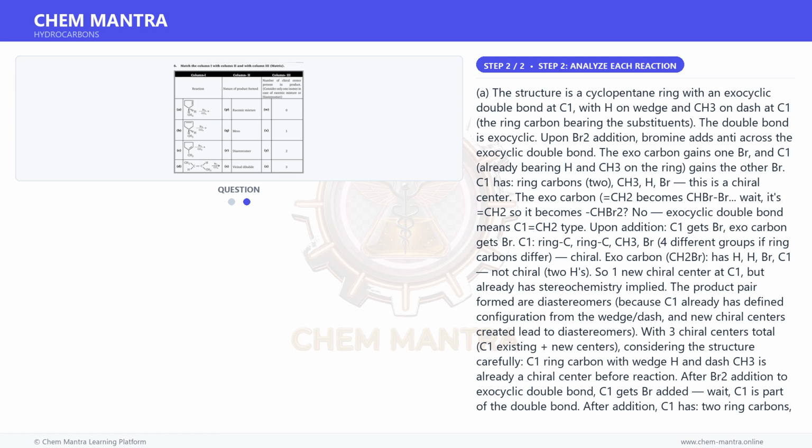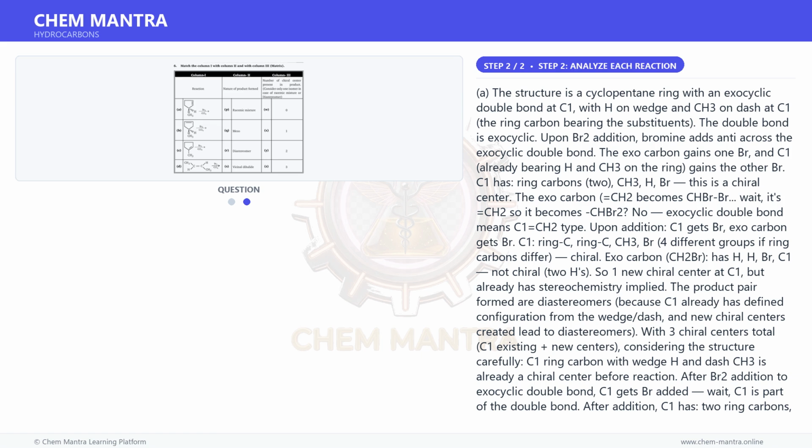With Br on C1, going one way C2, C3, C4, C5, and the other way C5, C4, C3, C2, these are mirror paths so C1 is not chiral. The exocyclic carbon has Br, H, CH3, C1, chiral, 1 center. Product racemic mixture, P, vicinal dihalides, S, 2 chiral centers, Y. Perhaps the ring carbon C1 is also considered chiral in context, or there's another center. Given the answer is Y equals 2, we accept 2 chiral centers, racemic mixture.